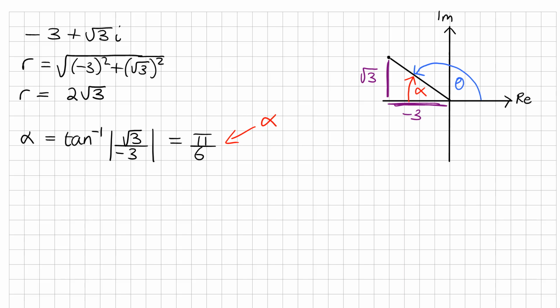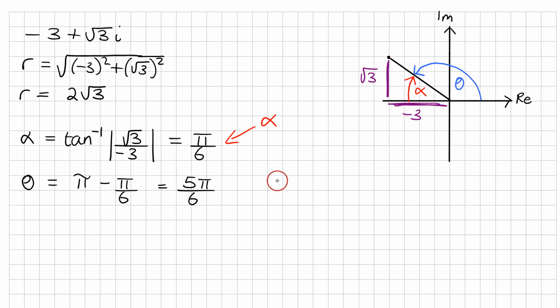So now we need to get theta. Well, we can see that's the same as in trigonometry. We go right around to that whole line, which would be 180 degrees. So that tells us then that theta would be 180 degrees, or we're working in radians here, so pi. And I'm going to take out the red part. So pi minus pi over 6. So that means we'd have 6 pi over 6 minus pi over 6, which will give me 5 pi over 6.